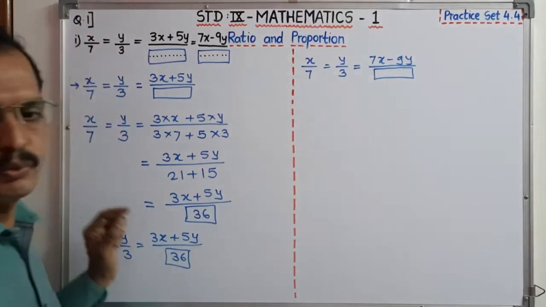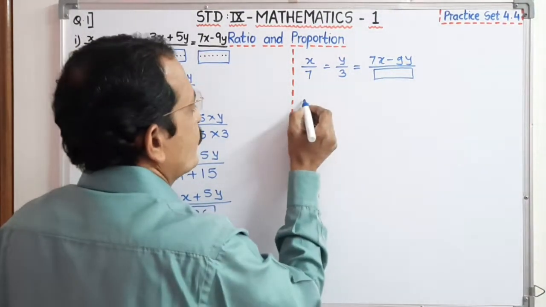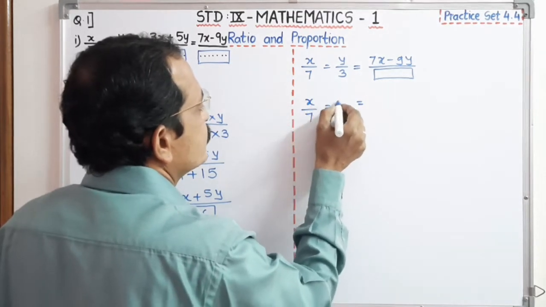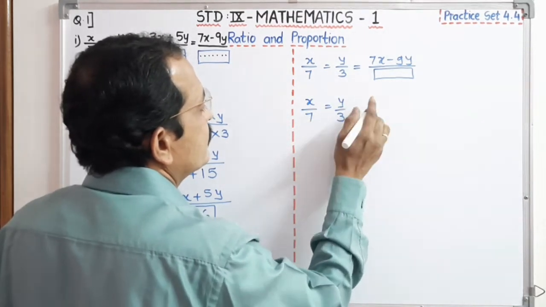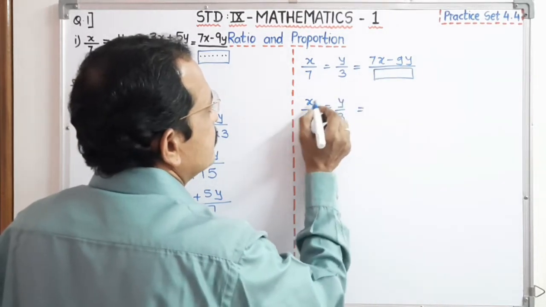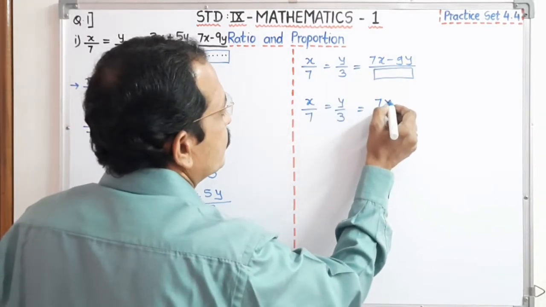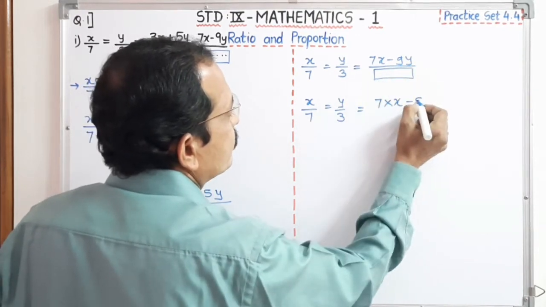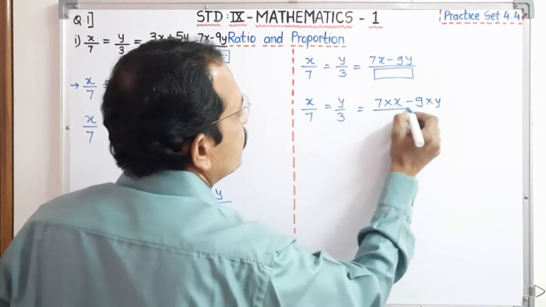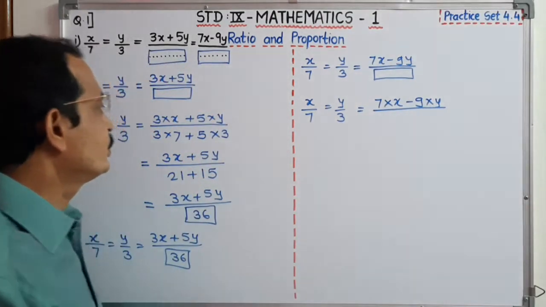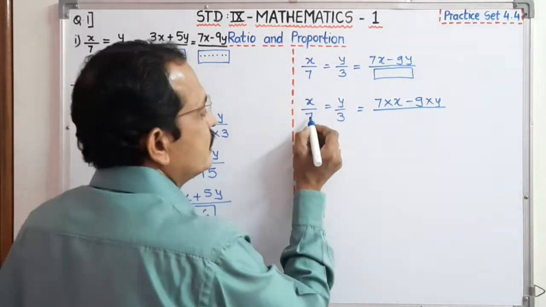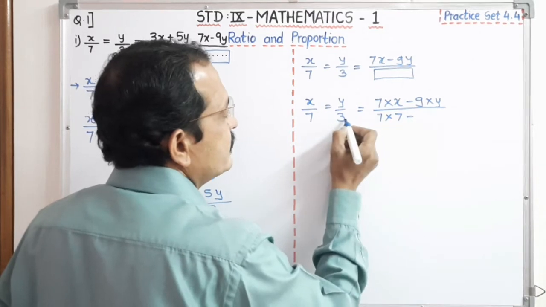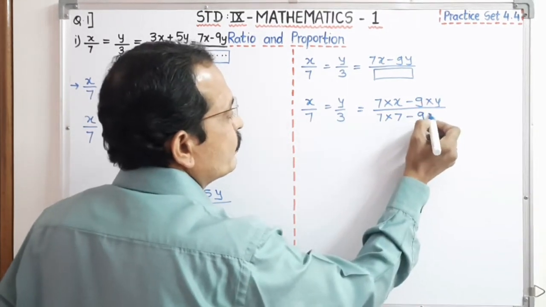Now, observe this ratio. Here it is x upon 7 is equal to y upon 3 is equal to, this x is multiplied with 7, therefore 7 into x, minus this y is multiplied with 9, therefore 9 into y, divided by, same way what we have to do, we have to multiply this 7 with 7, therefore 7 into 7, minus this 3 we have to multiply with 9.